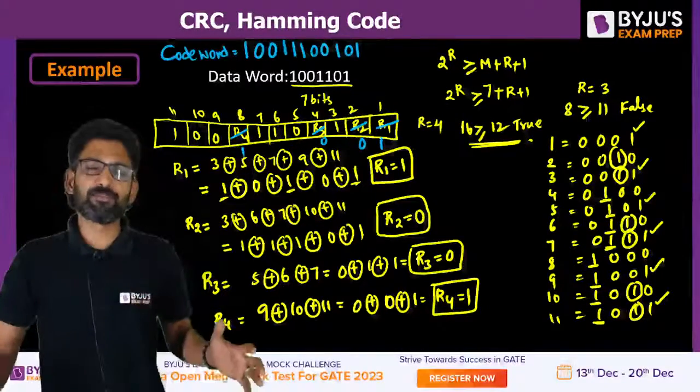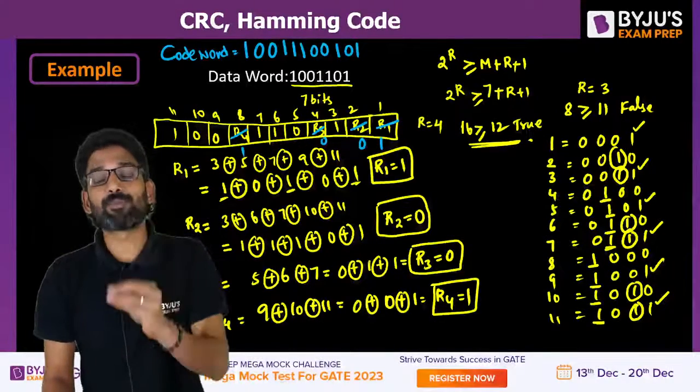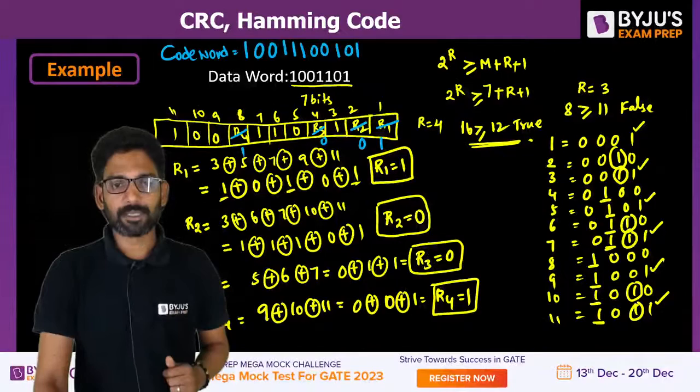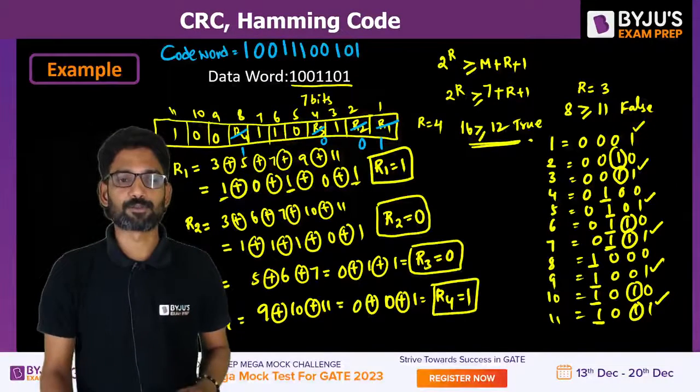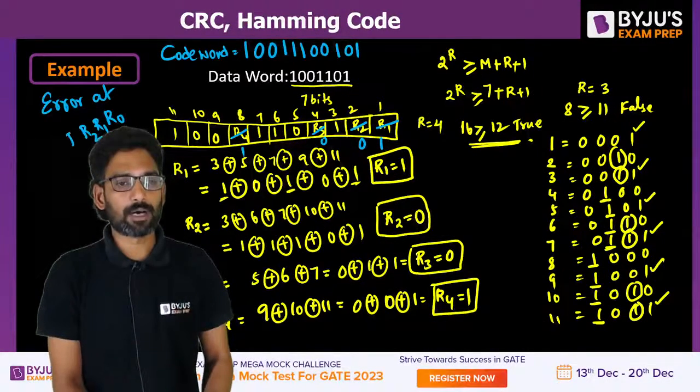The receiver does the same procedure, but remember, the receiver considers R positions also for XOR. The error is always at the position given by R4, R3, R2, R1 together.